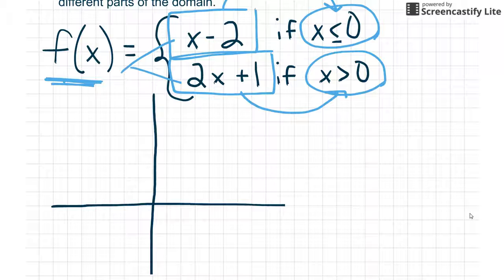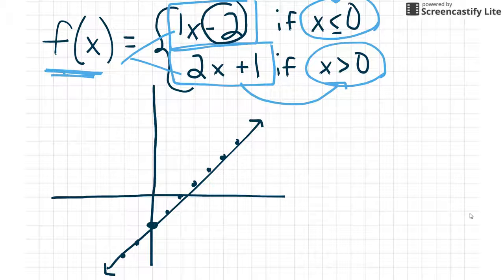Okay, so to graph the first one, you still need to know slope and your y-intercept. So our y-intercept is down 2. So I'm going to graph it down 2, and then my slope is just up 1 over 1. Up 1 over 1, keep going, and I'm going to draw it in both directions and go ahead and draw my line.